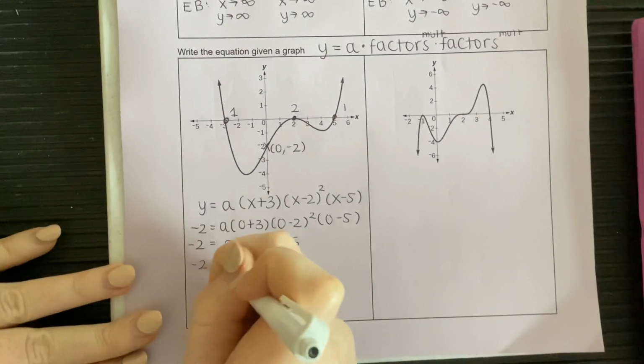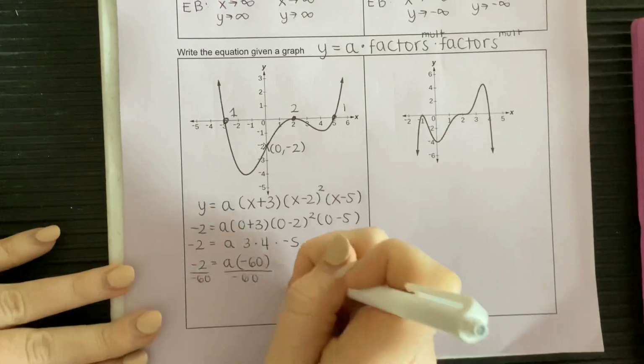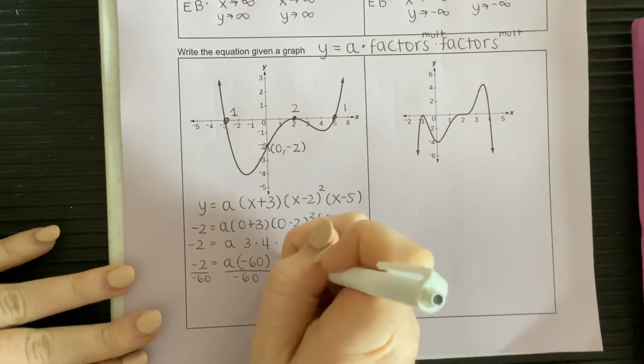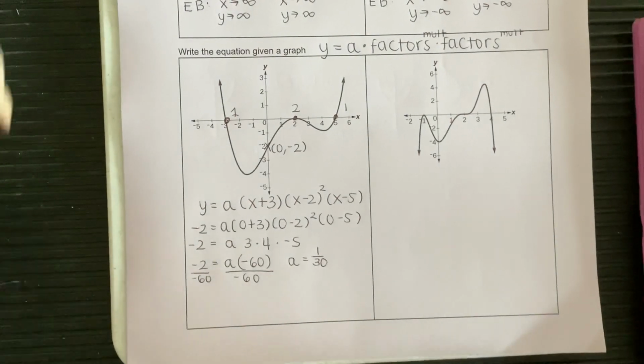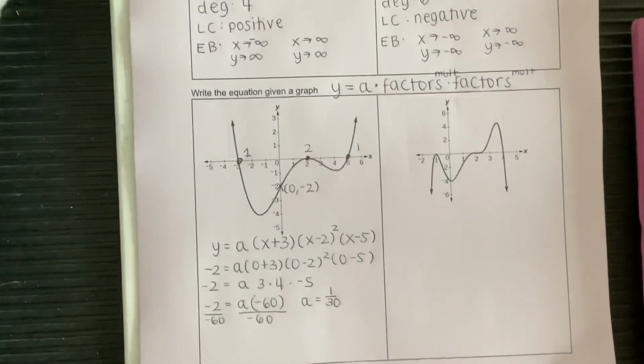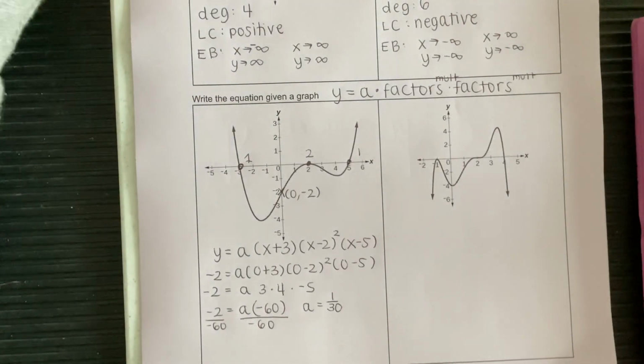Then to solve for a, we're going to divide by negative 60, divide by negative 60. Make sure to reduce. That tells us that our a value is 1/30. Now, remember, we said our leading coefficient was going to be positive up here, and we got a positive a value. So that's good. That's what it's supposed to look like.